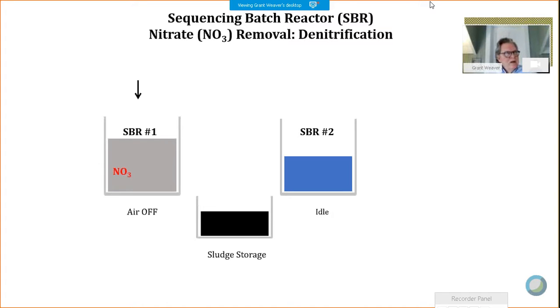Now we've got some nitrates that we've created during the air-on cycle. We've got BOD coming in during the air-off cycle. The bacteria are fighting to stay alive, so they're going to breathe the oxygen off that nitrate and convert it to nitrogen gas. Now there's a period in between that air-on and air-off where it's transitioning. And then when it goes from air-off back to air-on, again, transitioning.